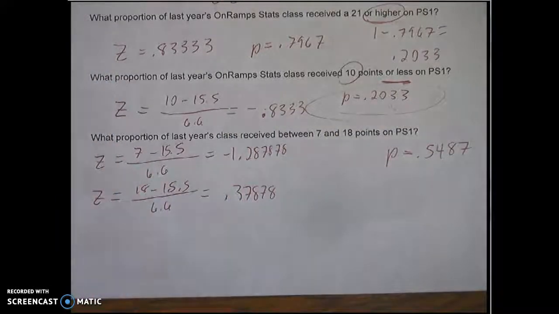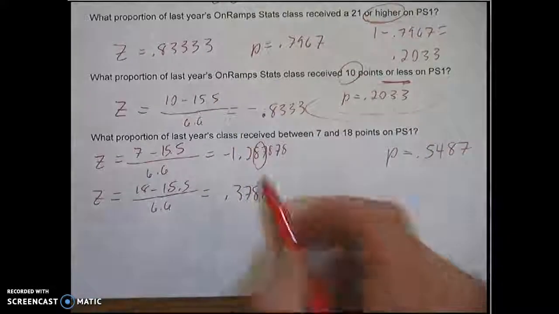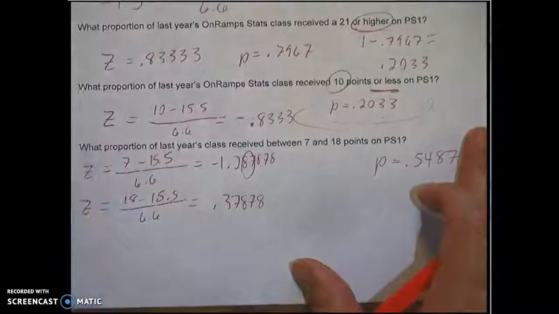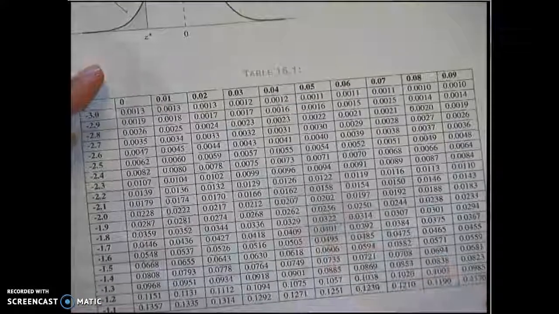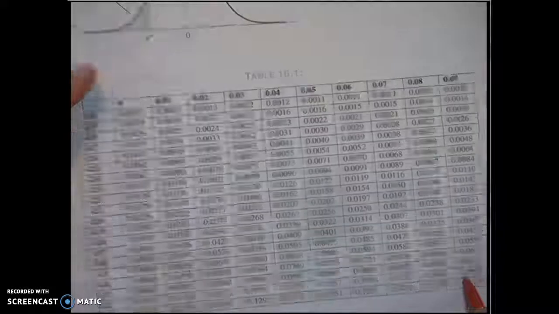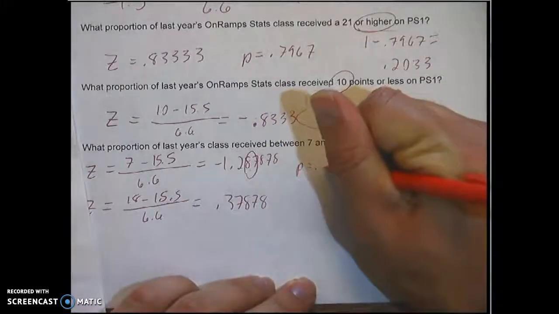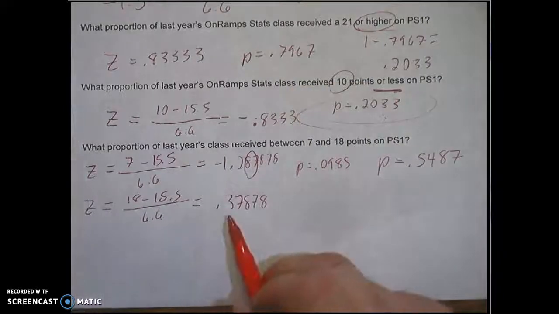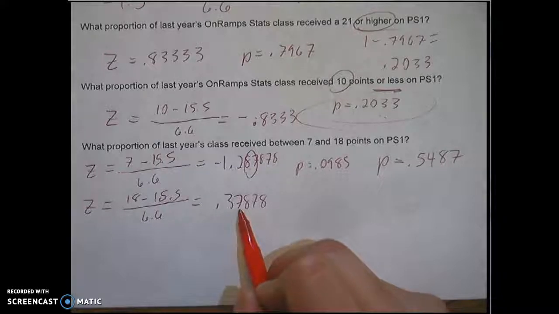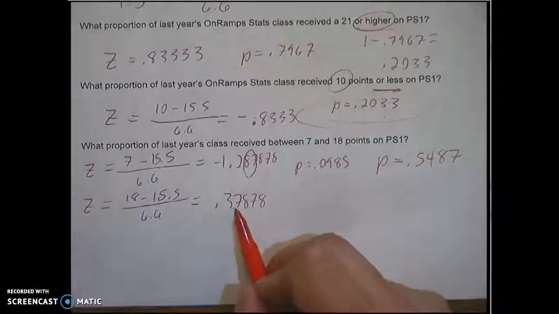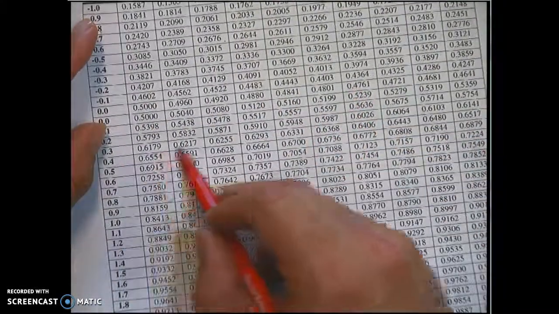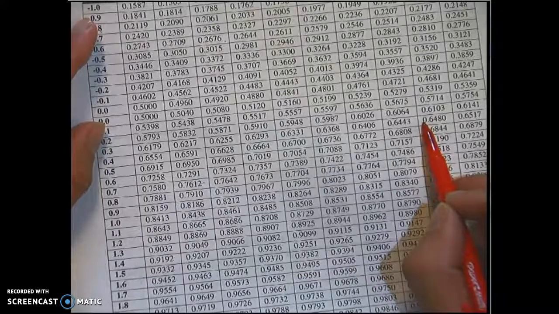I'm going to look up negative 1.29, because that 7 is going to kick it up to a 9. Negative 1.29 is going to be 0.0985. And then this one is going to be 0.38, because that 8 is going to kick up that 7 to an 8. So 0.38 is 0.648.